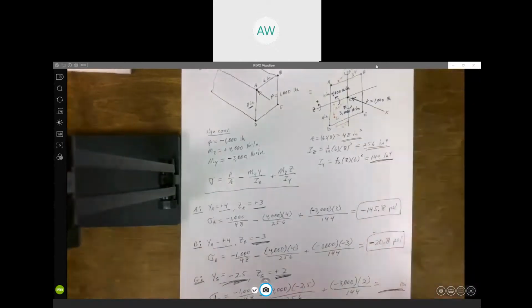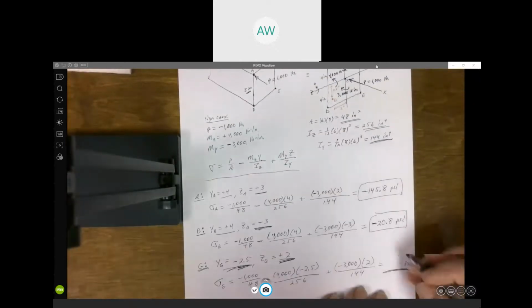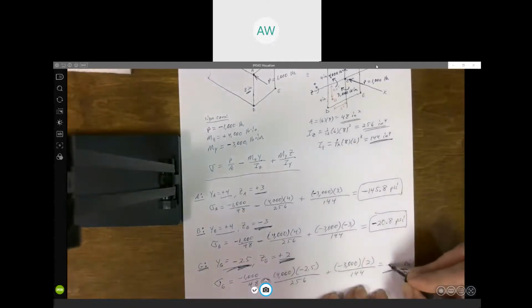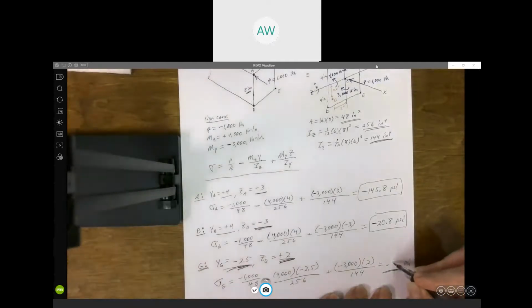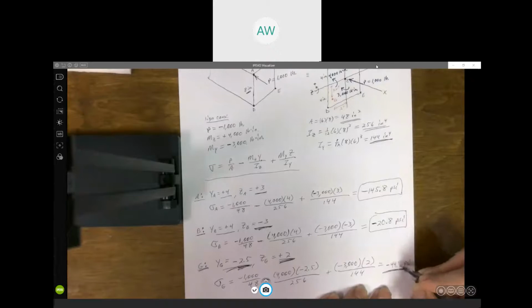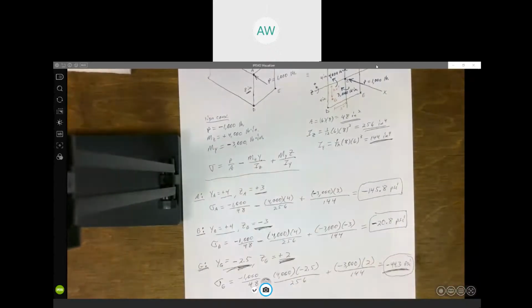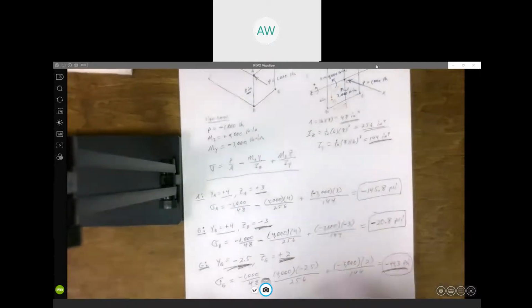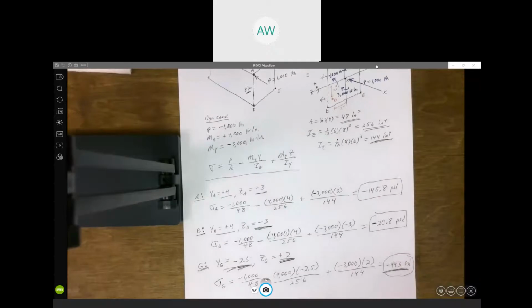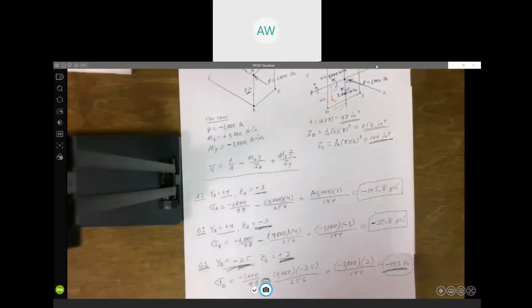All right, so we got an answer for this from Zach. He says it's minus 44.3. I don't know if somebody else confirms that or not, but again, you just add those up and that's what you would get.